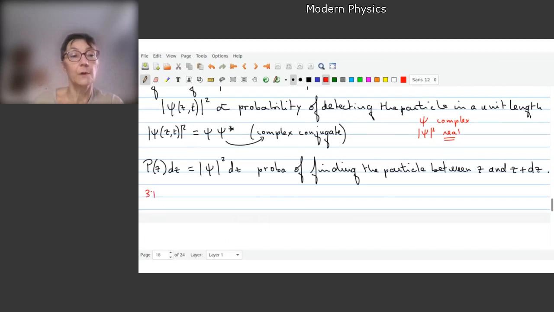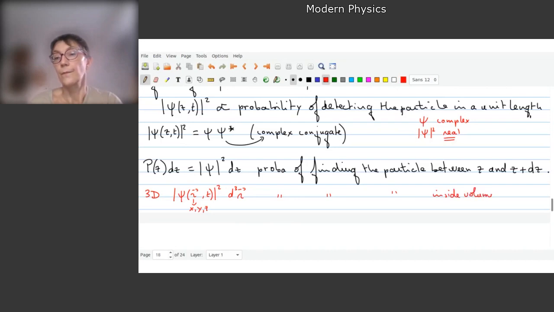If you have three dimensions, you have psi of r, the position, which is x, y, z, and the time. I will put here some volume d, so this is the probability of finding the particle inside a volume at position r, okay.